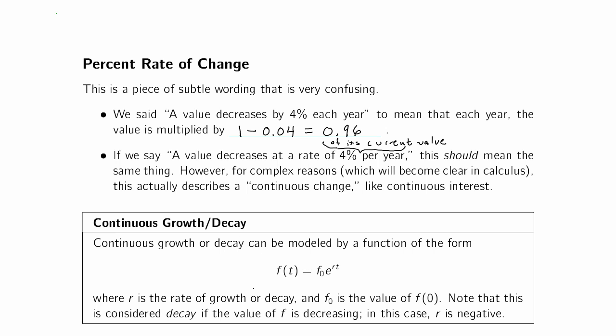This can be modeled by a function of the form f of t is some starting value times e to the power of r times t. And we call r the rate of growth or the rate of decay, and often express it as a percent, by analogy to what we did with interest. This is weird language, but we get used to it.